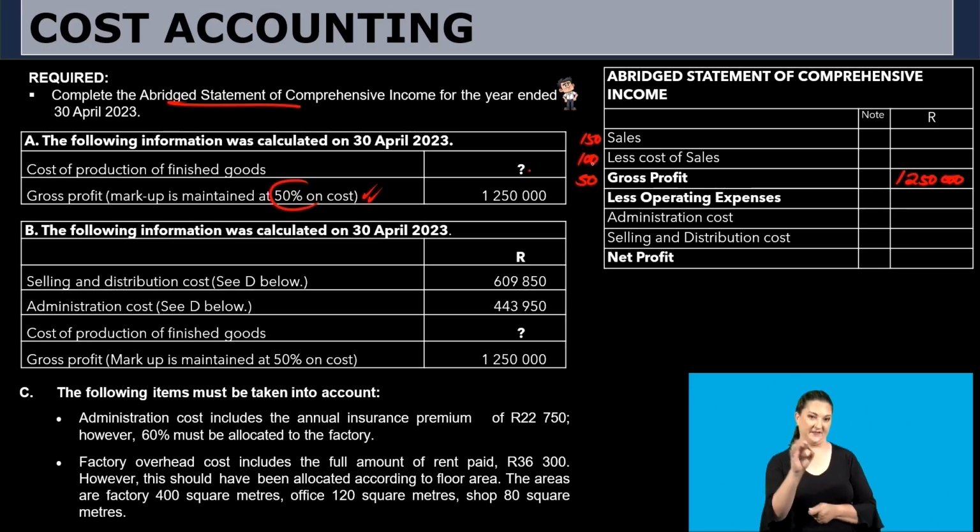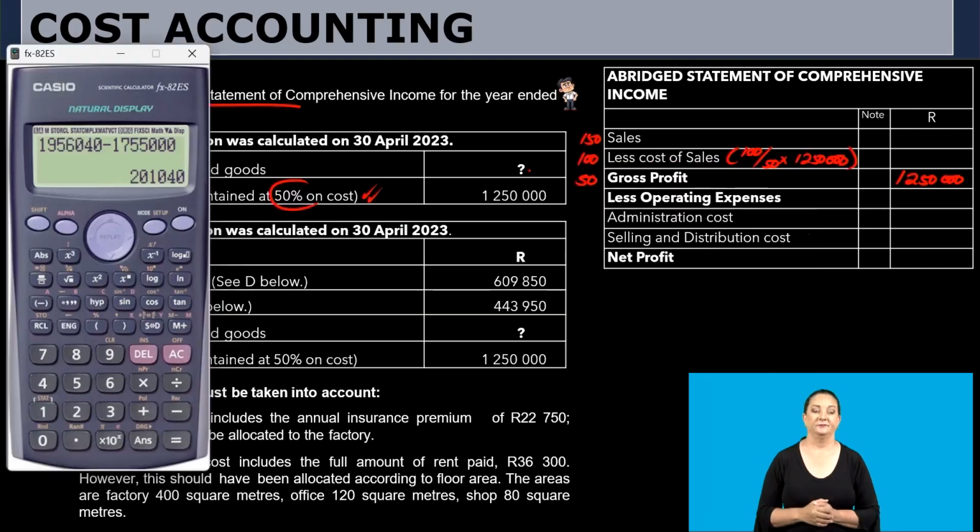So I could have got any of these ones. Let's start, as I said, with the cost of sales. So what I want is 100, and what I have is 50. Multiply that by 1,250,000. And then I close my bracket. What I want is 100, but what I have is 50, and then we multiply all of this by 1,250,000. That will give me 2.5 million.